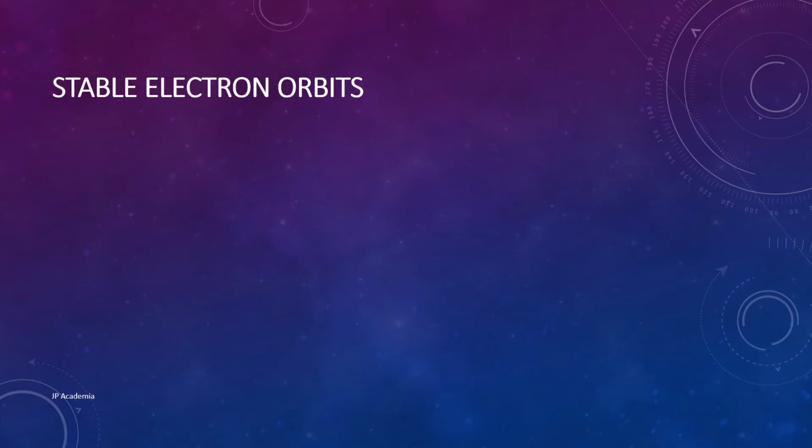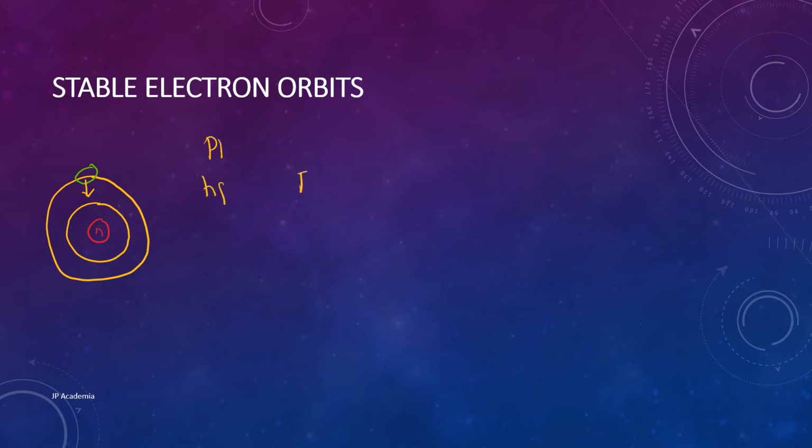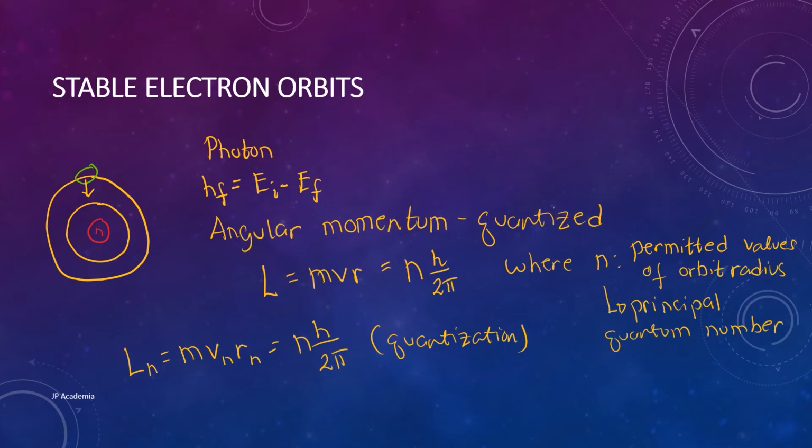Bohr suggested that an electron can move around the nucleus in circular stable orbits without any photon emission, unlike what we have shown earlier for the classical electromagnetic theory. It will emit radiation or a photon when a transition happens from one orbit to another. And the emitted photon will have an energy based on the transition energy levels as shown in this equation.